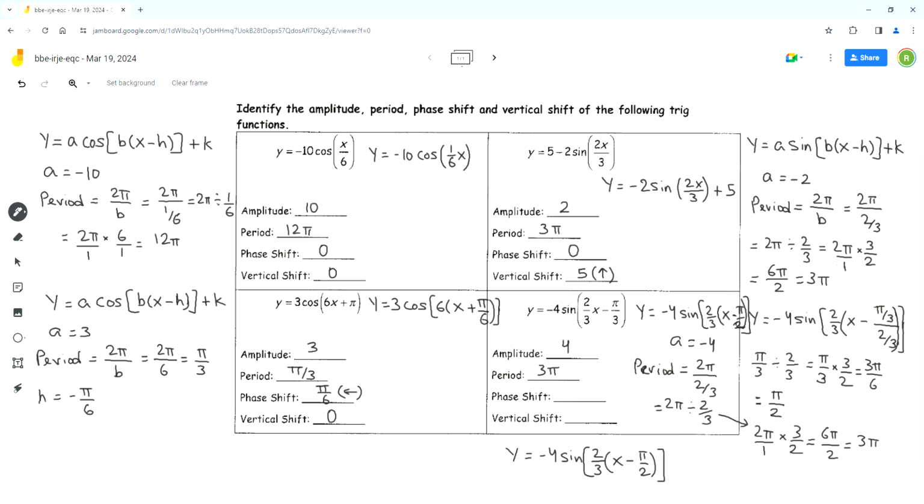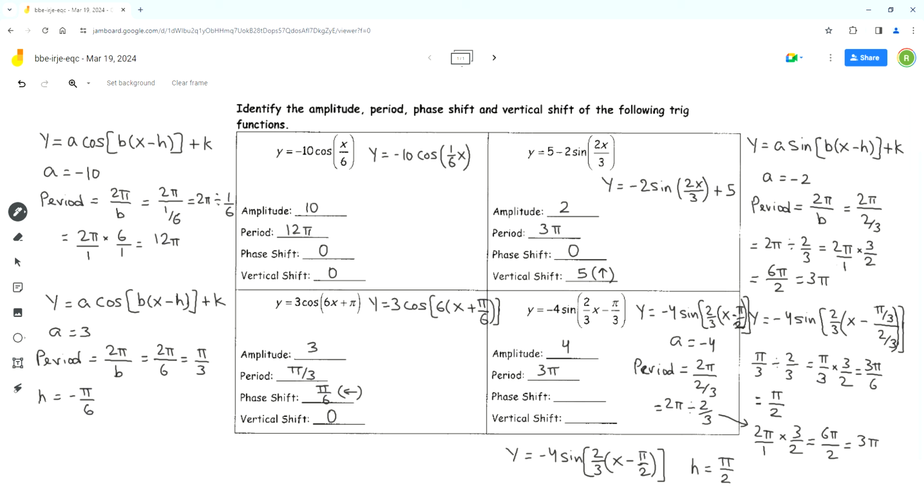So this is the equation we got. In this case, the h value is positive pi over 2 because in the general equation we have x minus h. So that's why pi over 2 is positive for the h value.